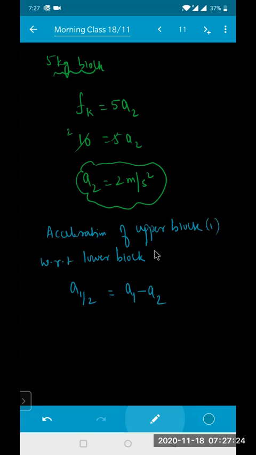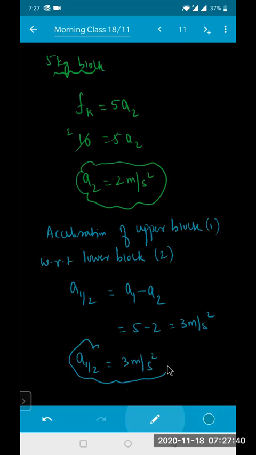I take the upper block as 1 and the lower block as 2. So a1 minus a2, 5 minus 2, that will be equal to 3 meter per second square. So the relative acceleration between the two is 3 meter per second square.